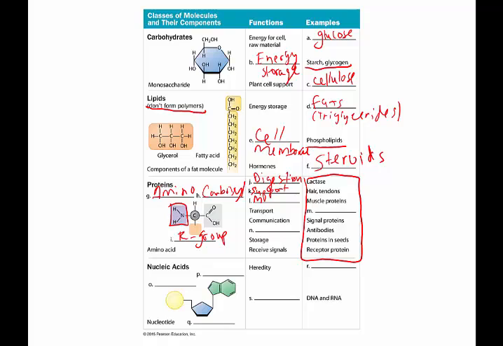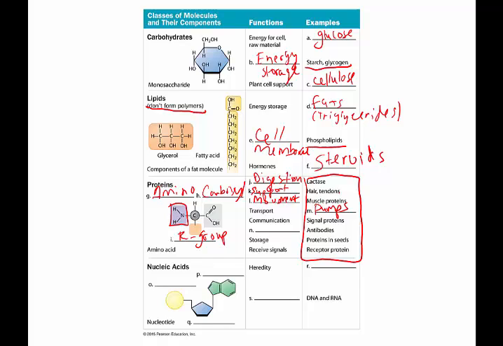Muscle proteins, say movement. For something like transport, we'll talk more about this later when we get to diffusion or osmosis. But some proteins can actually act as pumps, so they can move things across the cell membrane.